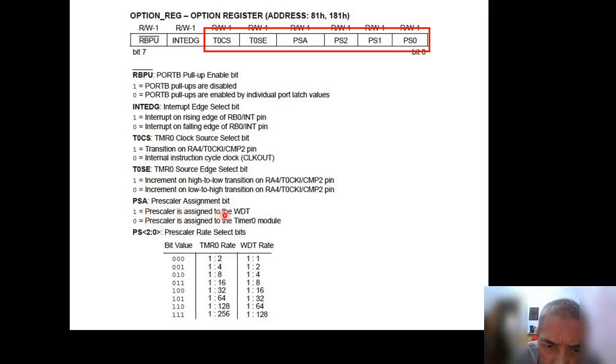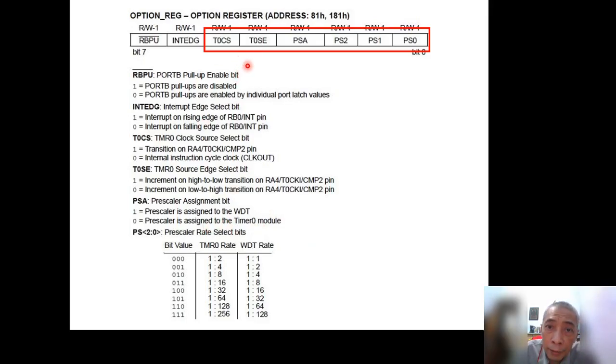The prescaler can be assigned to the watchdog timer or to Timer 0. If you want to use the prescaler for Timer 0, PSA should be reset, the value is 0, so the prescaler is assigned to the Timer 0 module.